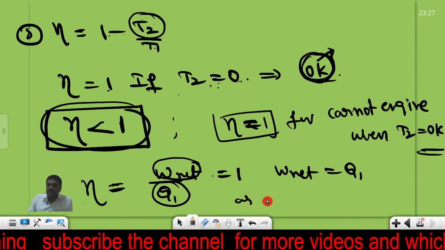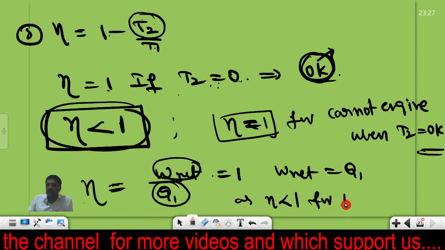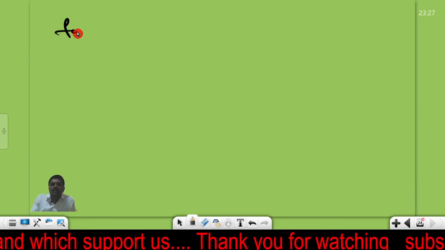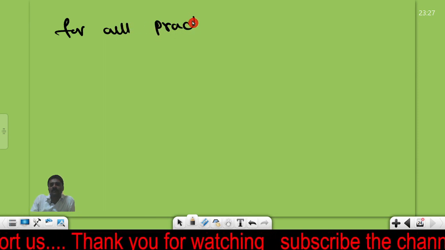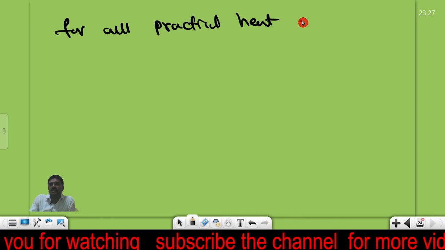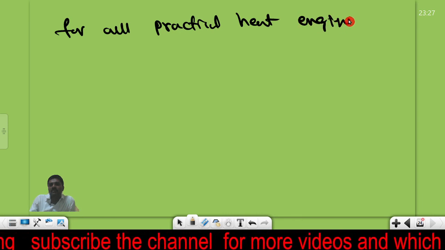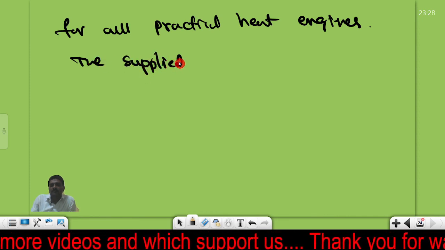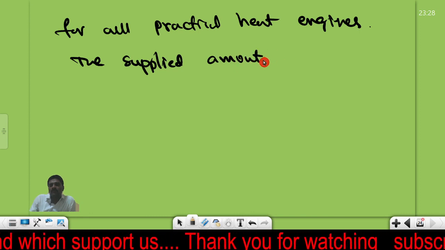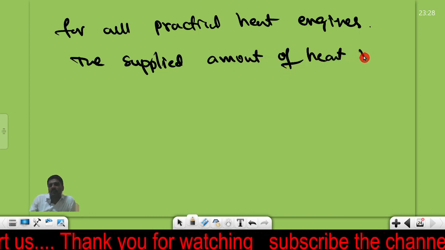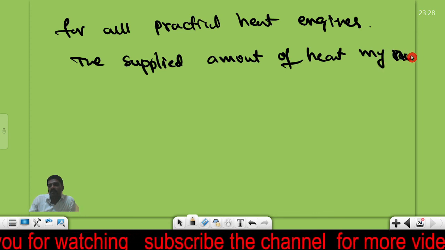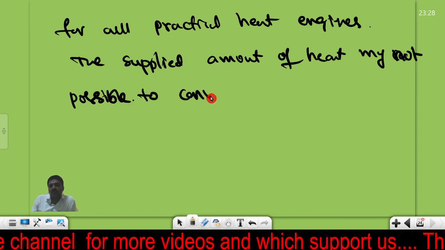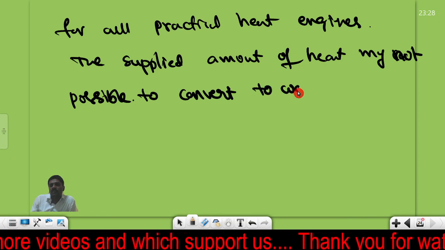So as eta is lesser than 1 for practical heat engines, the supplied amount of heat cannot be fully converted to work.